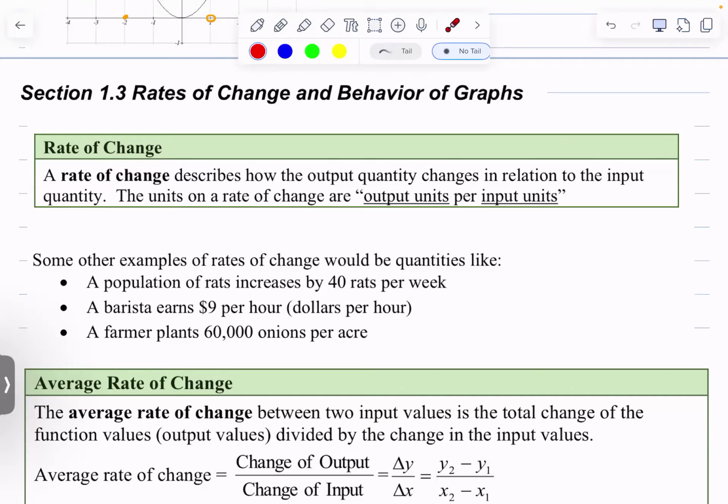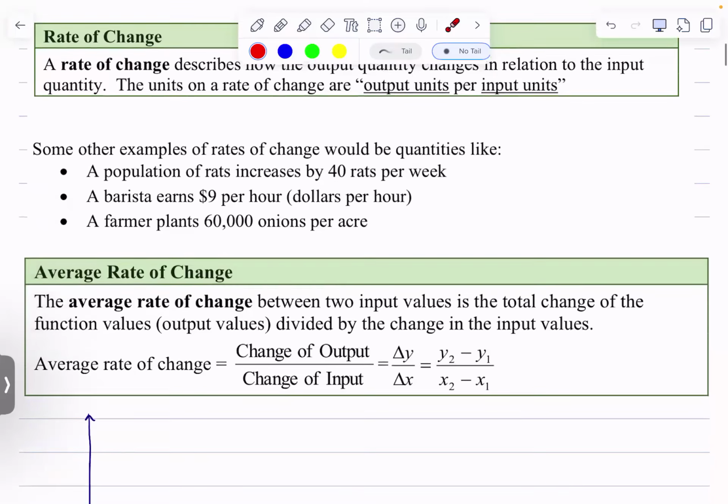The rate of change describes how the output quantity changes in relation to the input quantity, the output being your y's and the input being your x's. We can trace this back to rise over run, which is your slope. The units on a rate of change are the output units per the input units.